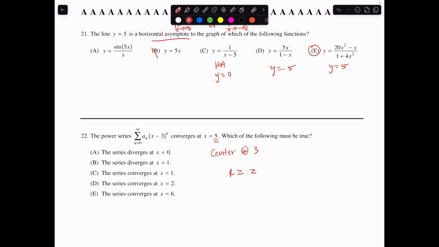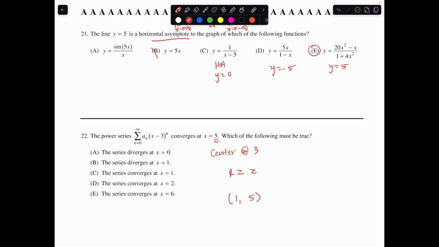It converges at 5, and then the series diverges. So we know that at minimum, let's just use an open interval to be safe, it's going to be from 1 to 5, because I do plus or minus 2 of the 3. So we know that within that interval, the series must converge.